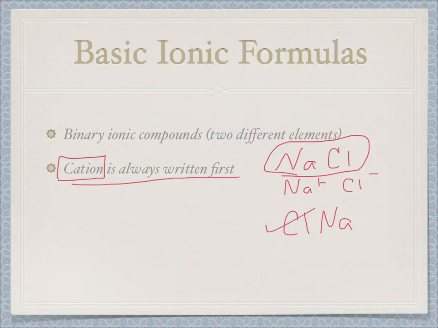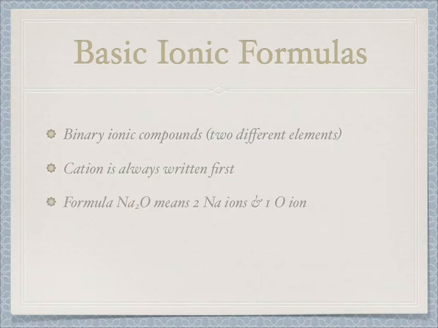Cations are always written first. So in this formula, Na2O, it means we would have 2 sodium atoms and only 1 oxygen. And ones we don't write, just like in algebra, you don't write 1x, you just write x, and so on. So the 1 is assumed if it's not there.